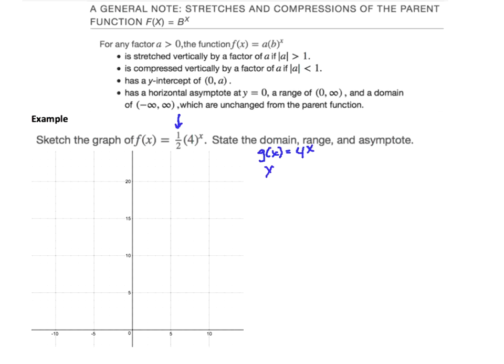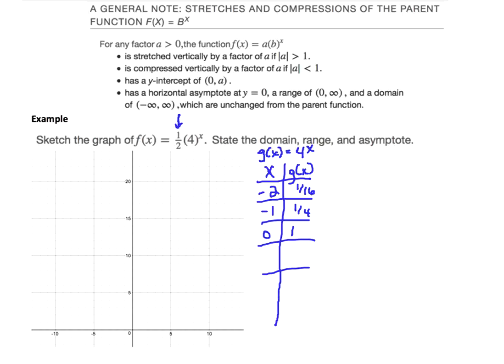I'm actually going to put this onto the graph so that you can compare it since we're looking at stretch and compress. We've already created an XY table for this particular function. So that's 1/16, 1/4, 1, 4, and 16. So I am going to put this on the graph.